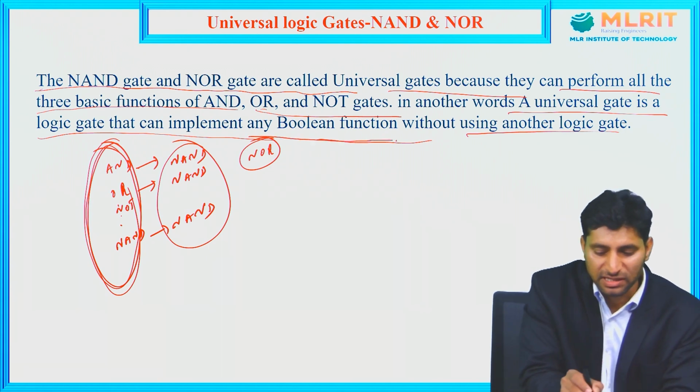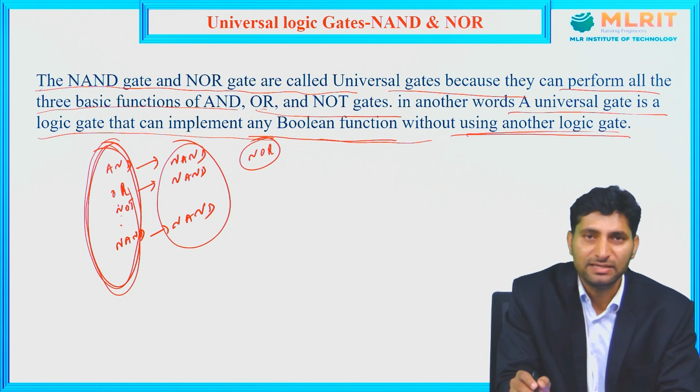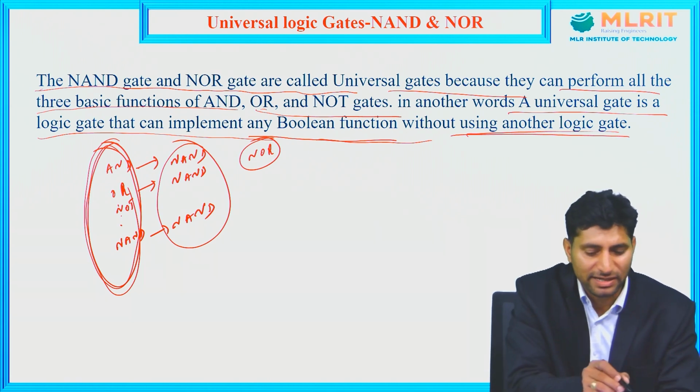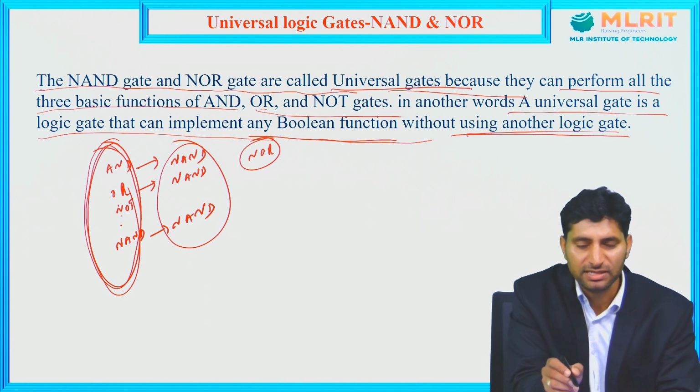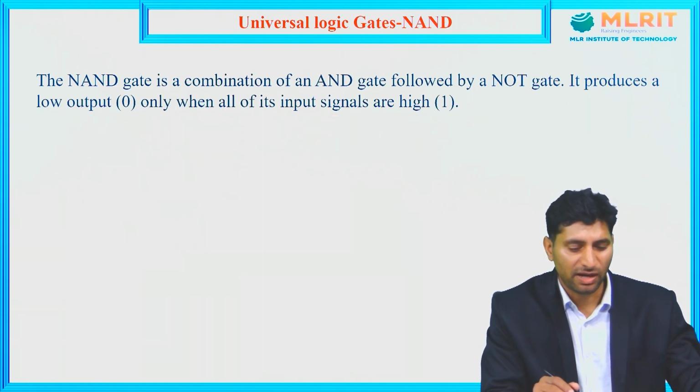Any Boolean function can be implemented without using any other logic gate. That is why these NAND and NOR logic gates are known as universal logic gates.